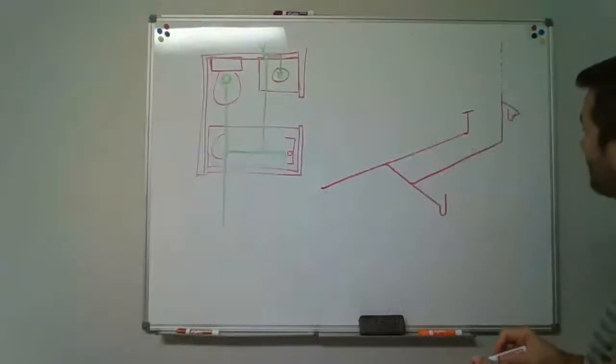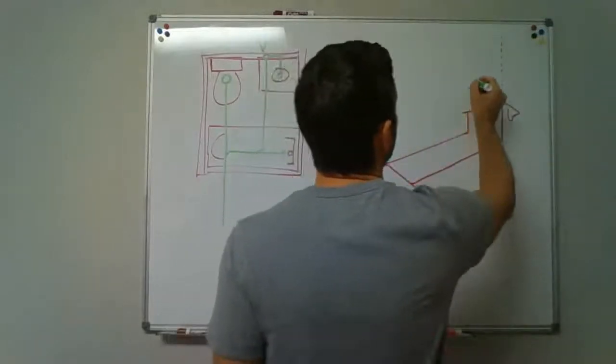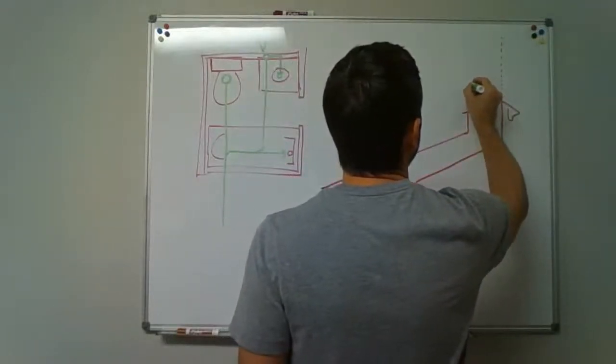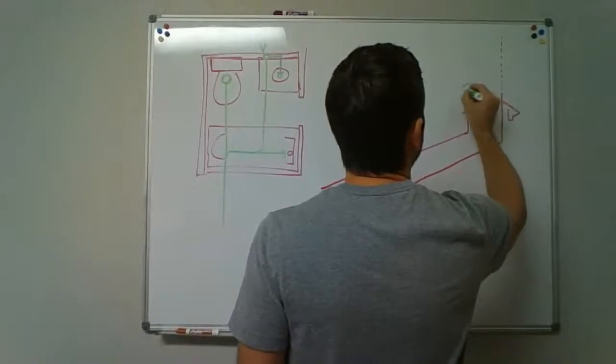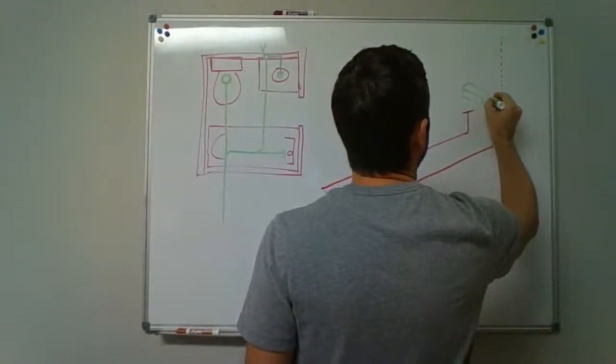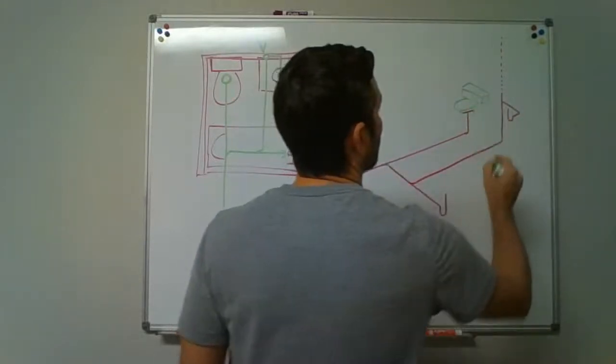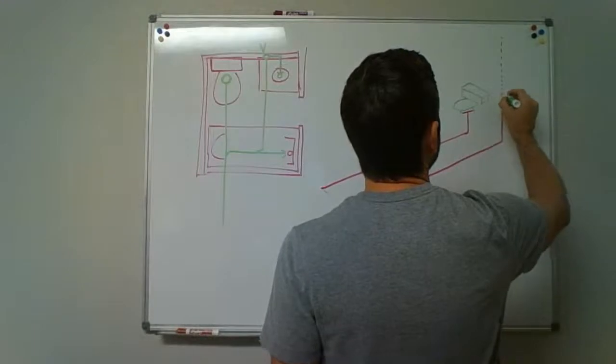Okay? So maybe you can kind of see that a little bit there. To give you a little perspective as far as what that looks like here, there sits your toilet. You've got a lavatory sink sitting beside it.